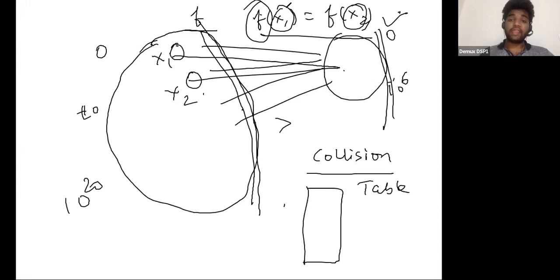So how can you take care of this? Now let's think about ideas. How to take care of this? Is collision clear first of all? So now tell me, how can we take care of this? Like, what is the most naive way you can think about how you can take care of this?